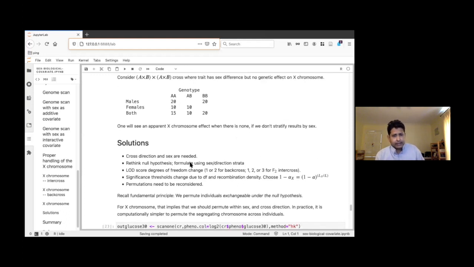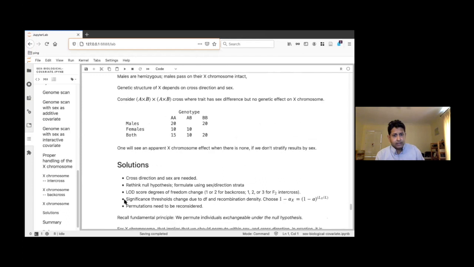And the second thing is that the genetic structure, the recombination density, in particular on the X chromosome, is different, in particular half that of the autosomes. You will need to adjust your significance threshold for multiple comparisons for the X chromosome for that reason.